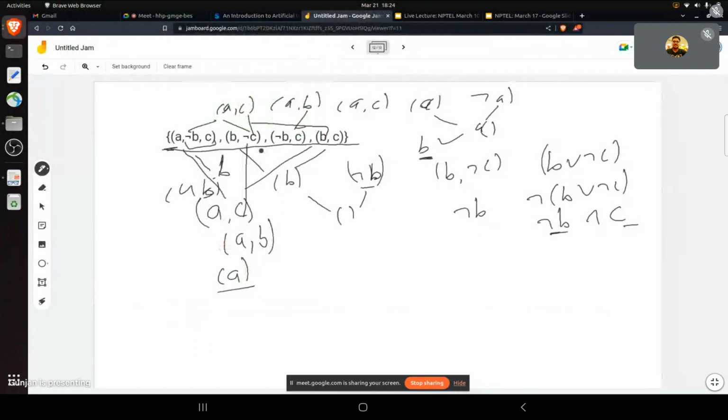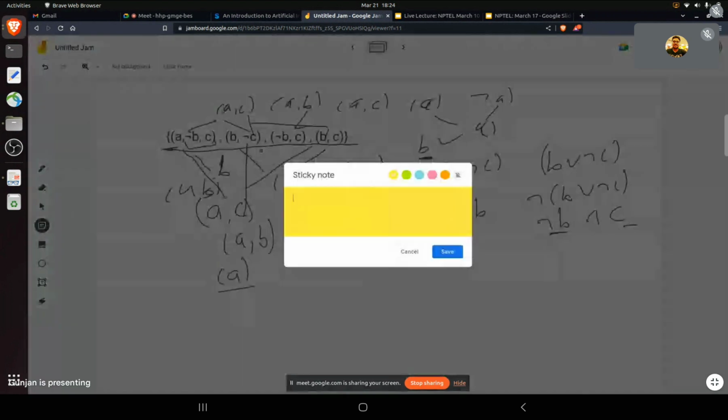Like if you take these clauses, A comma not B or C, no, let's not do this first. If you do B comma not C and B or C, right? Sir, what if you again do not B C and B C, then ultimately you'll get A and C. Will that be wrong, sir?